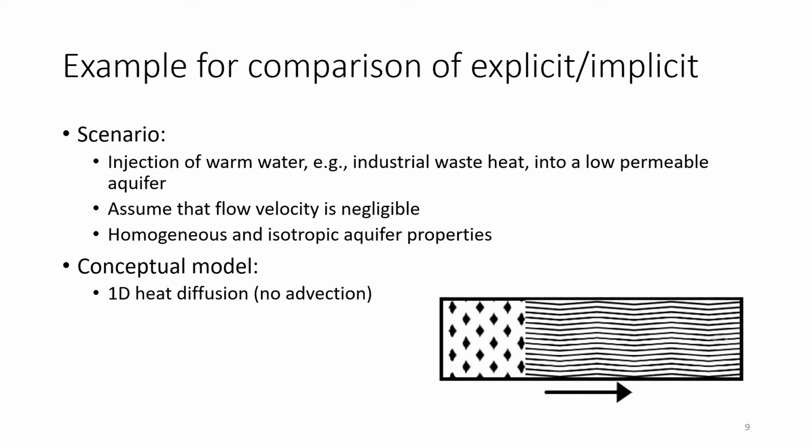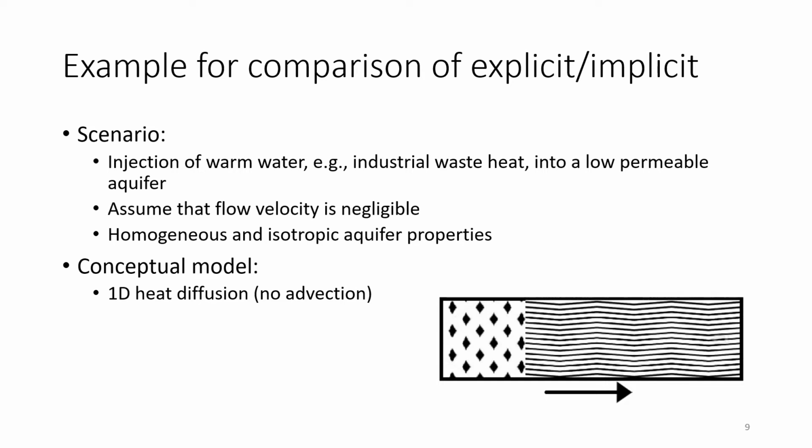So let's compare explicit and implicit schemes here. I decided again for a very simple 1D problem. I'm injecting warm water on the left and letting it flow into an aquifer to the right. However, I assume that the flow velocity of the aquifer is negligible, so I only consider diffusion. Everything is homogeneous and isotropic.